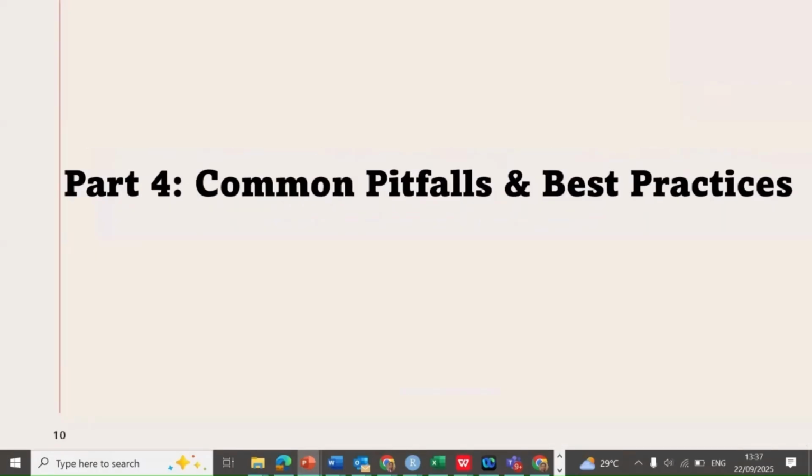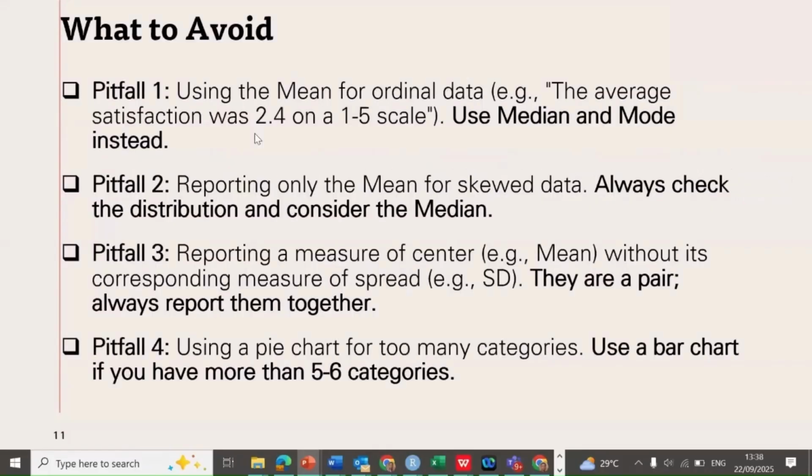Okay, so part 4 of this slide will just show us common pitfalls and best practices. So one of the things we shouldn't do is using the median or the mean for ordinal data, okay? If you have a categorical variable, you shouldn't use the mean as a statistic.